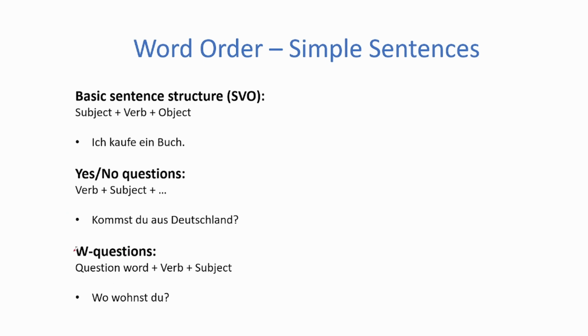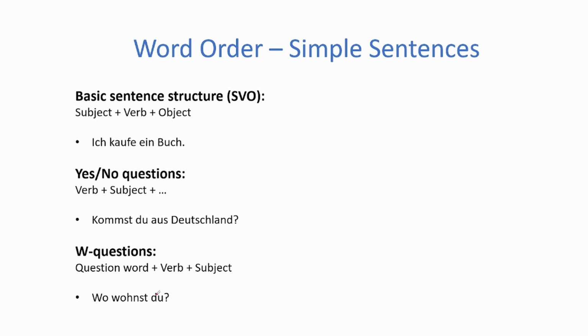Then we have W questions. W questions means words that start with W. For example, was, welche, wie, warum. These are questions that start with the letter W. For these kinds of questions, the sentence structure will be first question word, then verb, then subject.